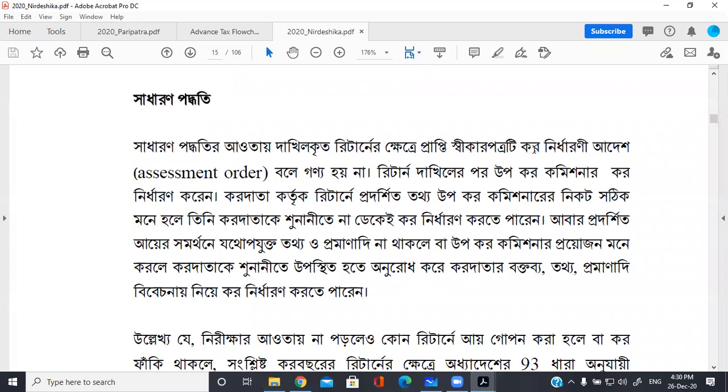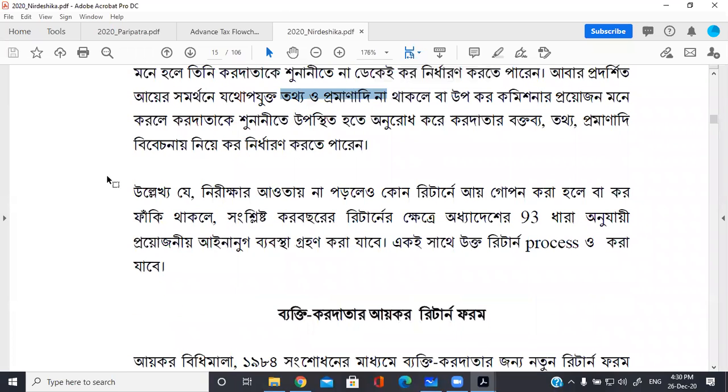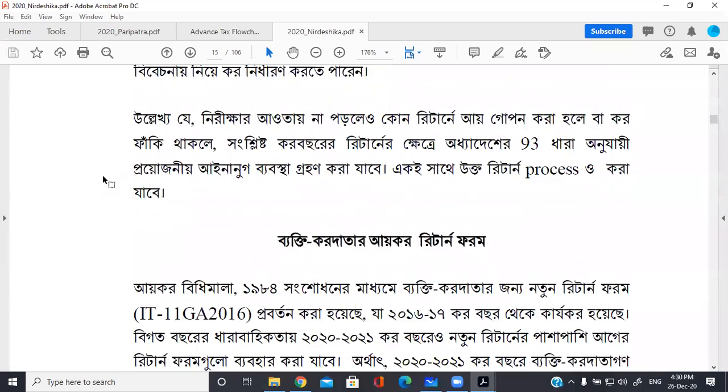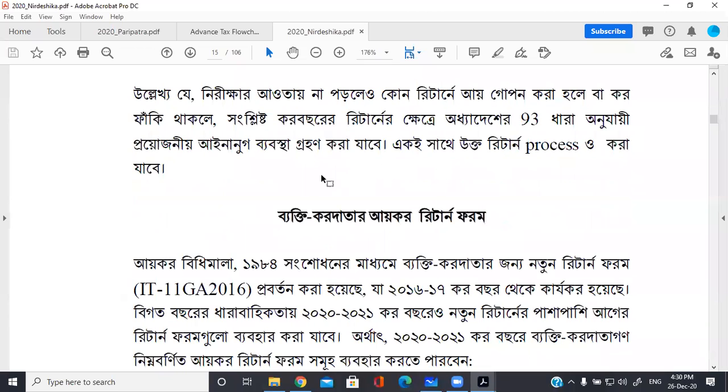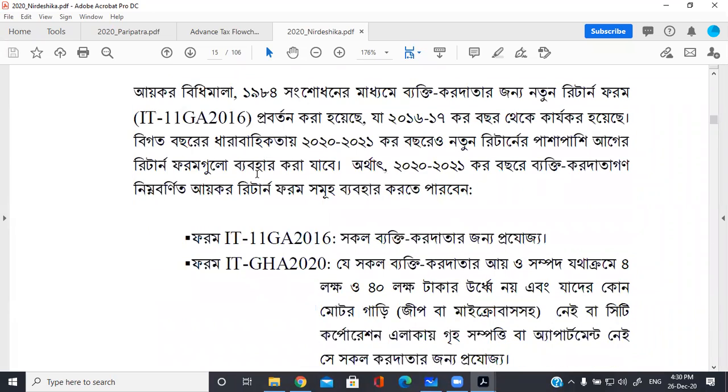That means it is not finalized that your assessment has been done. So in that case, you need to wait. You need to wait for what? You need to wait for the hearing from whom? You need to wait for the hearing from the deputy tax commissioner, and he or she will call you and check your documents and evidence, and if he or she is satisfied that everything is okay, in that case he will give you the assessment order, or he will give the instruction to share the assessment order.